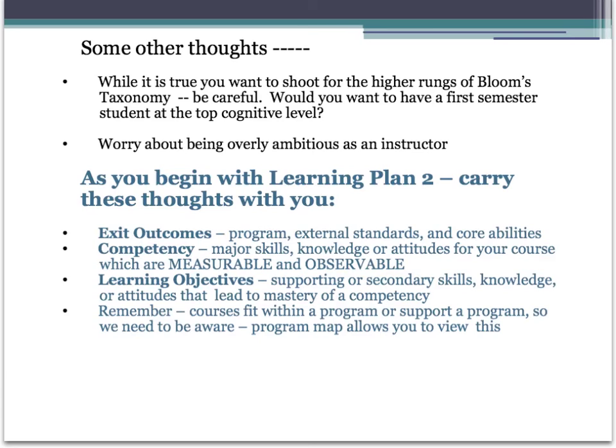The first area you will be working on are exit outcomes, and these include the program outcomes, external standards, and core abilities. In addition, if you have gone through technical skill attainment, that would also include those TSAs, as they're called, that were established collaboratively by the WTCS colleges.